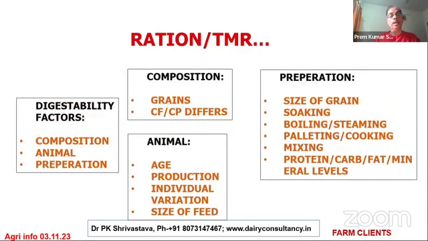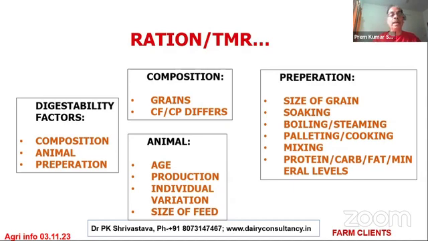So now we are coming to what the digestibility is. Suppose a cow is eating 5 kg of concentrate. We'll come to the concentrate, and all this we'll discuss threadbare, as we have already done for concentrate and roughage. So suppose it is eating 5 kg of concentrate. How much is digested into the body?